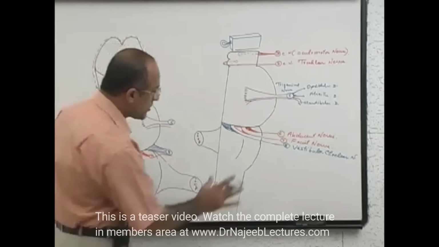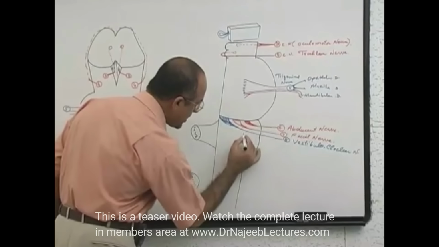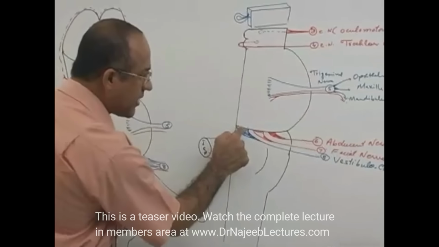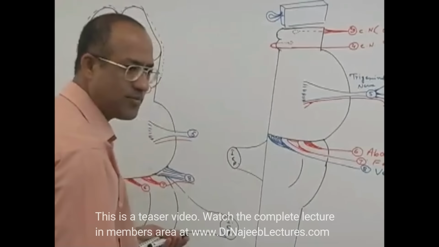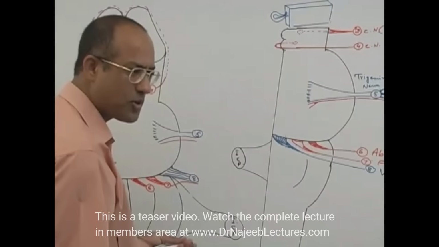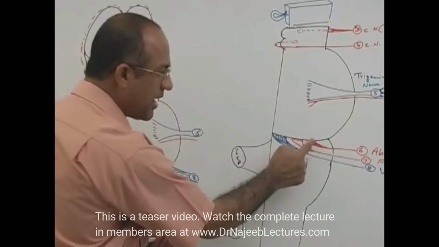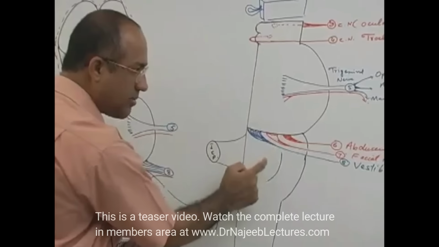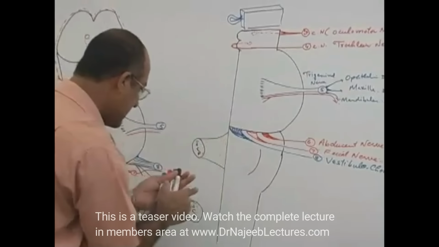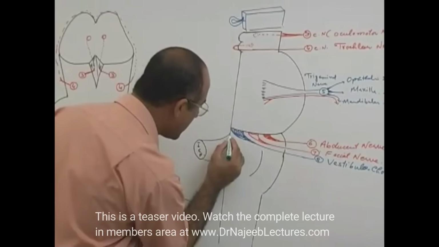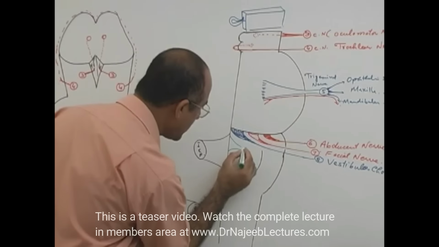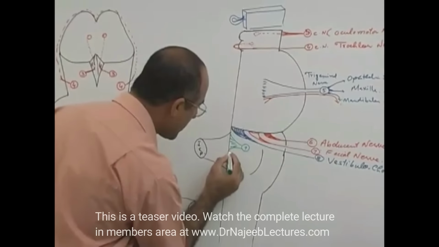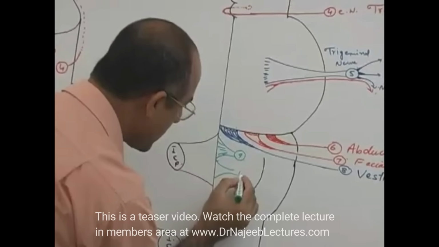Now, what really happens is that after 6th, 7th and 8th come 9, 10 and 11. It's so easy. You know the counting, isn't it? You move in the sulcus between the pons and medulla, 6, 7 and 8. Then here should be, yes, which nerve? 9th, right? Then what should be there under it? 10th.